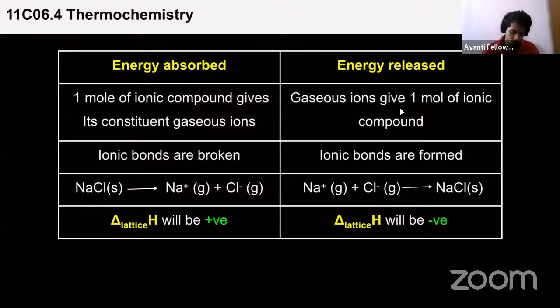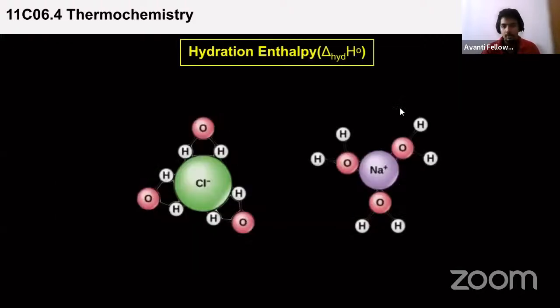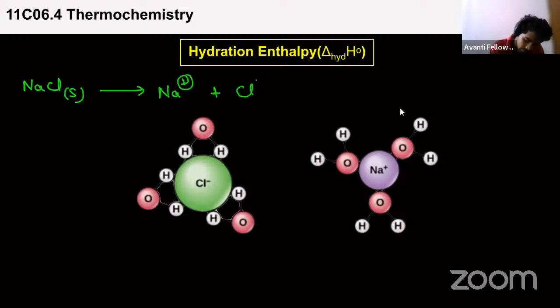Okay. If you have no questions, I'll be moving forward. We have seen lattice energy, right? What is the lattice energy? Nothing but we are converting a solid crystal into gaseous ions. This is done until some part. Now, let's say we are taking these gaseous ions and dissolving them in water. Now, whenever NaCl solid is there, we are converting it into Na+ and Cl- gaseous ions, right?